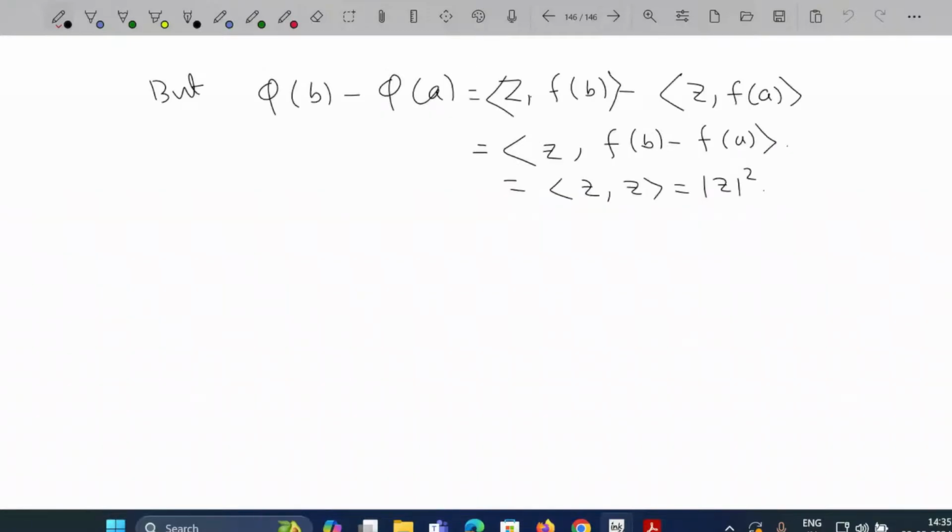That phi will be a continuous function. So phi of b minus phi of a will be mod of j whole square. So this is 1, 2. Now from 1 and 2, what are we getting?